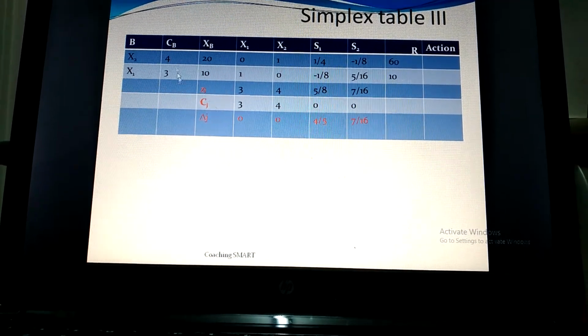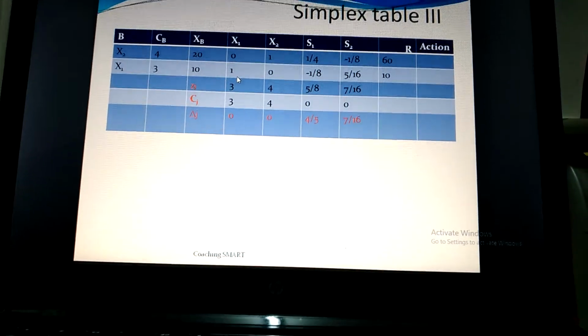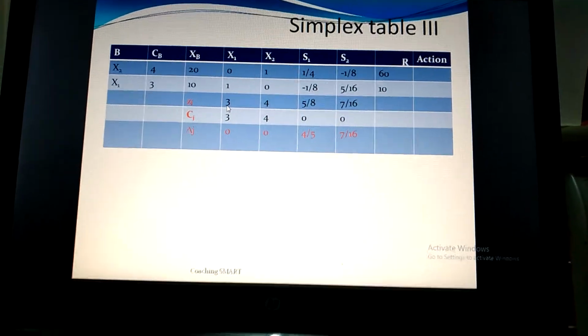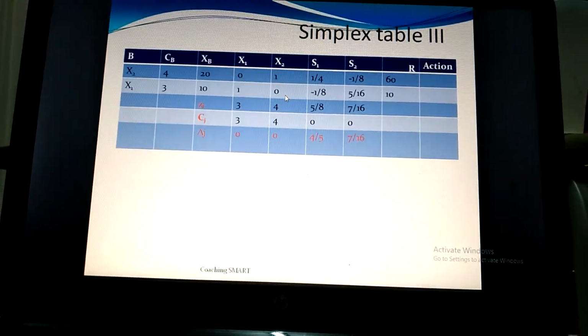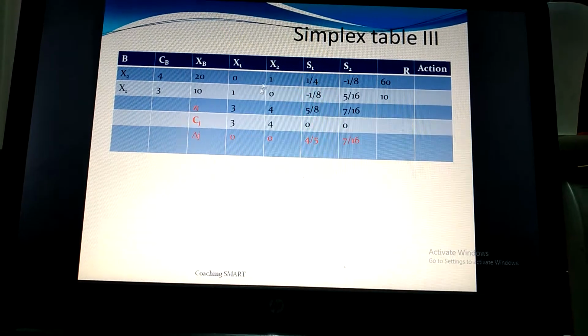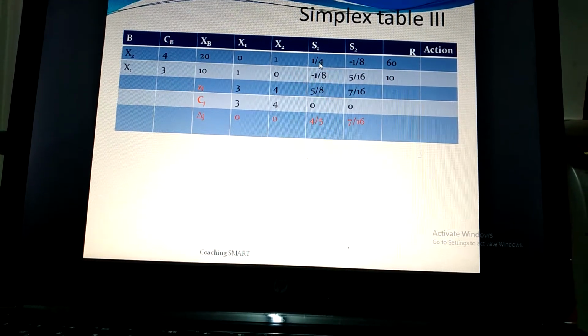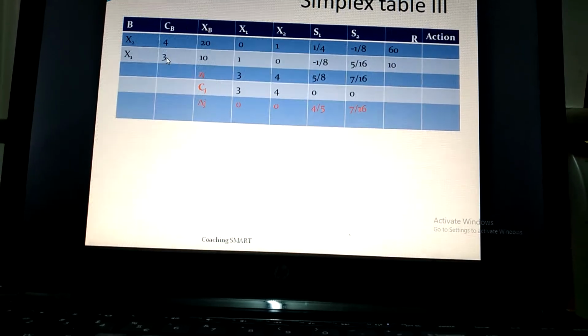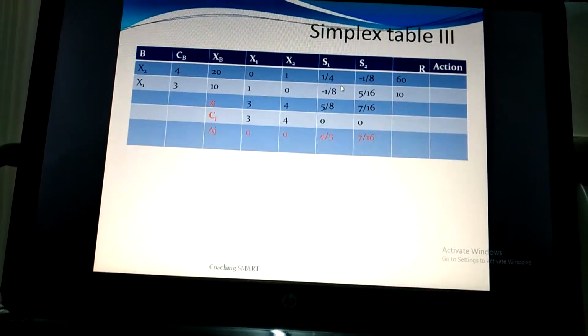Again, you start the process. 4 times 0 plus 3 times 1 is 3. 4 times 1 is 4. 3 times 0 is 0. 4 times 1 over 4 plus 3 times negative 1 over 8, you get 5 over 8 all the way.